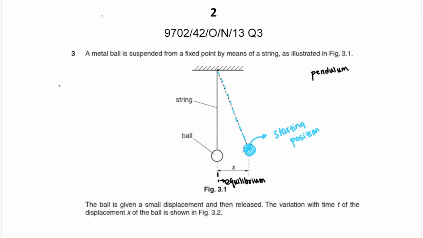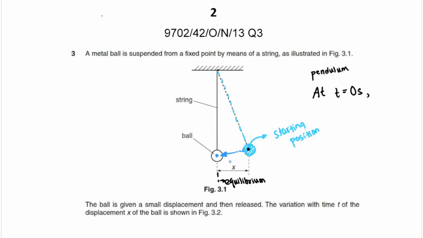Now let's start analyzing the motion. At time equals 0 seconds, the metal ball is at the starting position. Then, once released, the ball moves towards the left, meaning it has a displacement towards the left, where it then reaches the equilibrium position again.